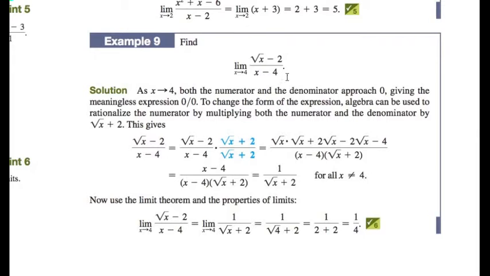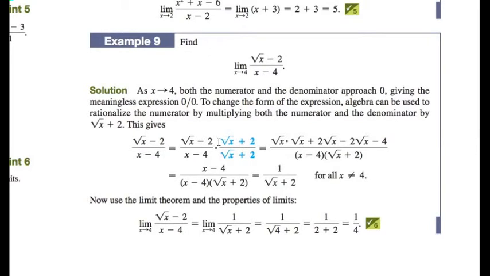So that means that I'm going to have to multiply this rational expression, the numerator and denominator, by the square root of x plus 2. So that's what I've done here. I've taken my original problem and I'm multiplying the numerator by the square root of x plus 2 and the denominator by the square root of x plus 2.